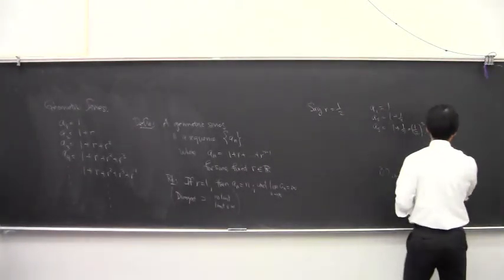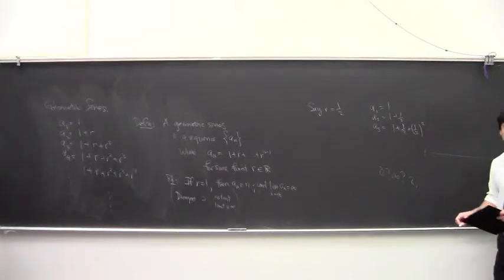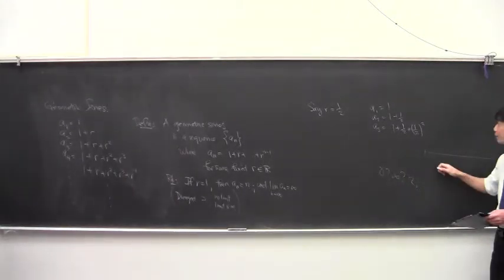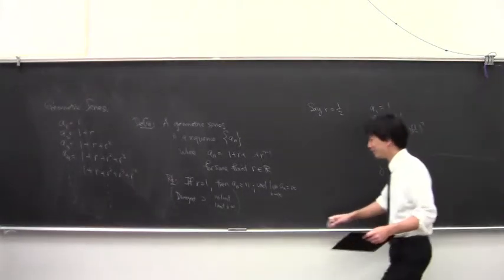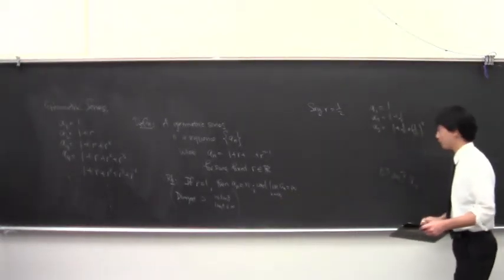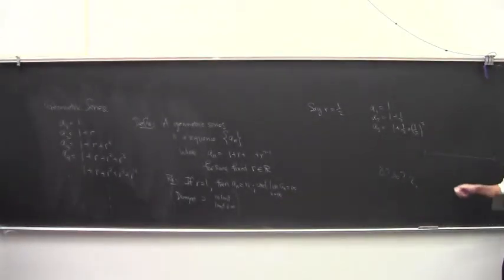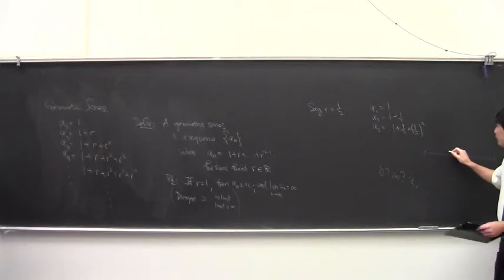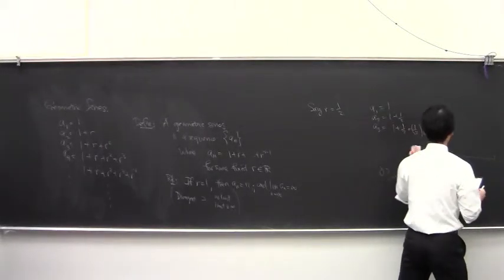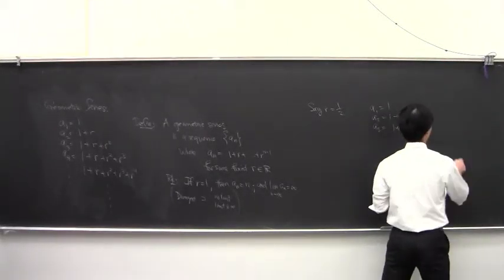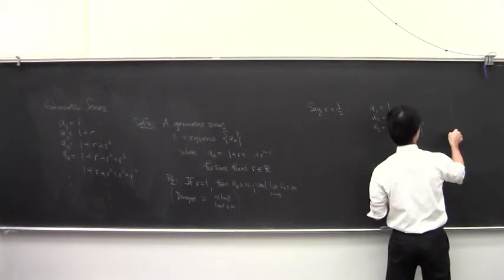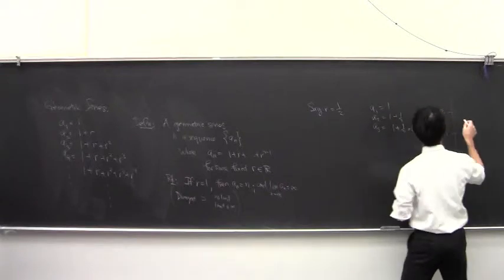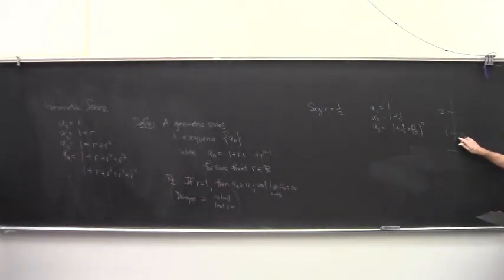This is related to Zeno's paradox, which came up earlier. If you look at this, I'll draw it vertically. Here's 1 and here's 2. A1 is 1. A2 is 1 plus a half, that's 1 and a half.